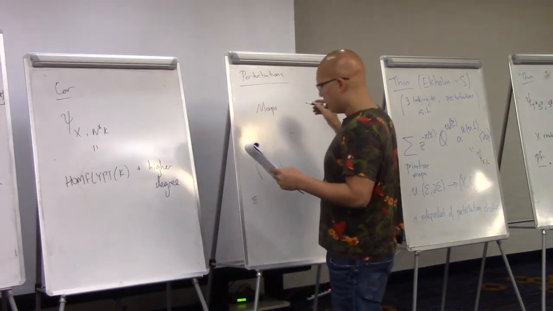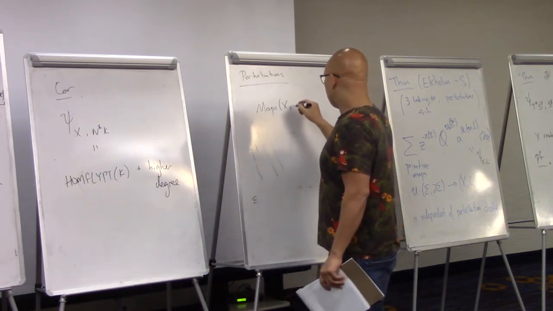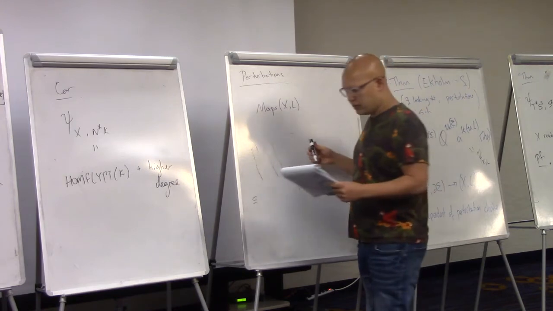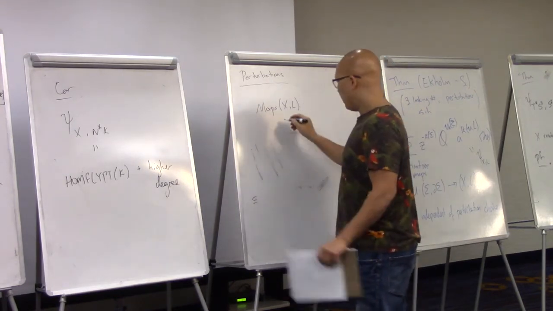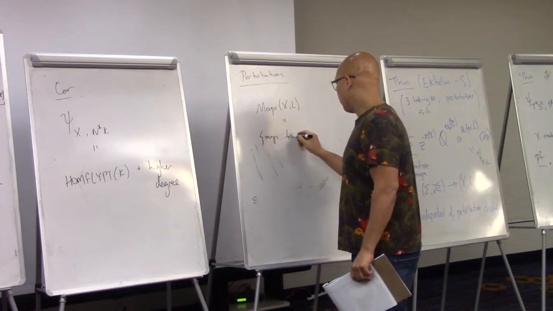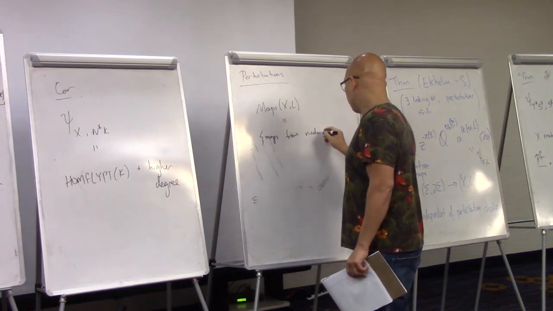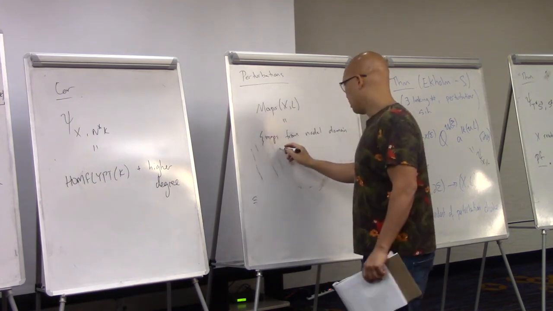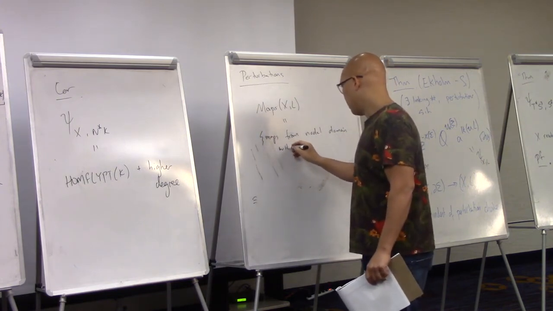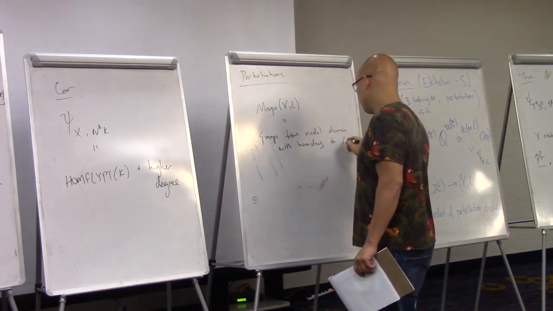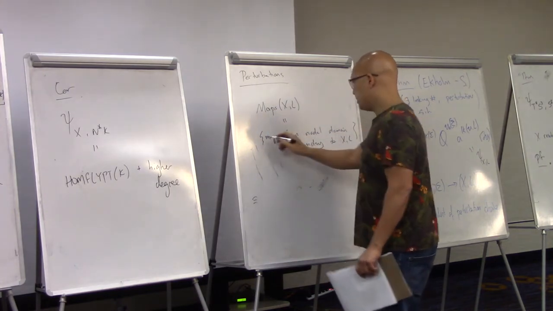I want to begin by taking some space of maps to X_L. This is maps from a nodal domain with boundary to X_L.